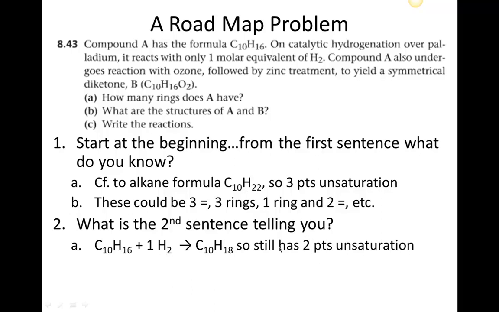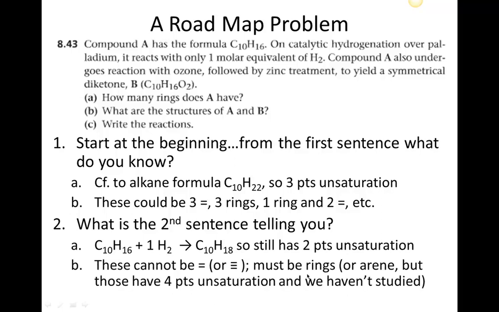Now we already said that rings don't react with catalytic hydrogenation, so that tells you that these 2 points of unsaturation must be rings. So we go back up here, and we say, well, we must have had 2 rings and 1 double bond in our original C10H16 compound A. So those 2 points of unsaturation are rings.